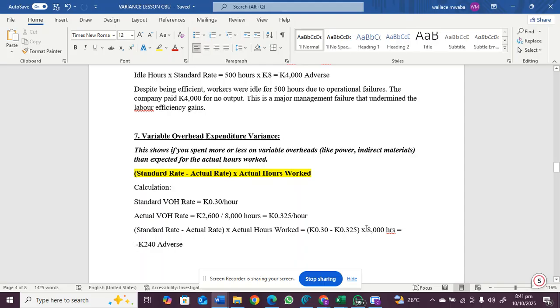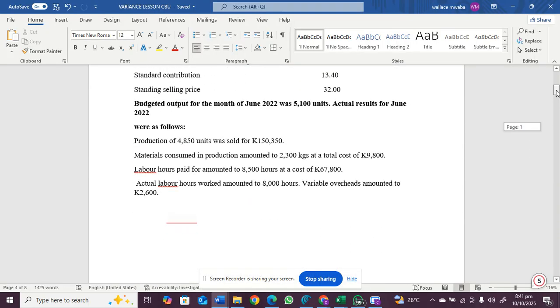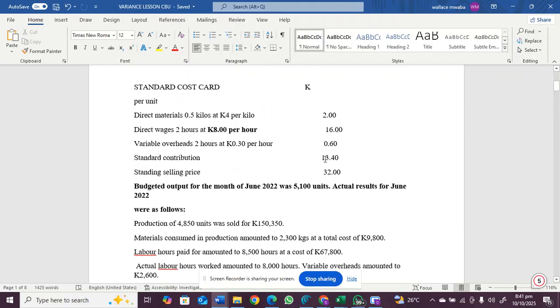Why didn't we use the other rate? Oh, here we're focusing on variable overheads, madam. We're saying for variable overheads, it's 0.3 kwacha per hour.